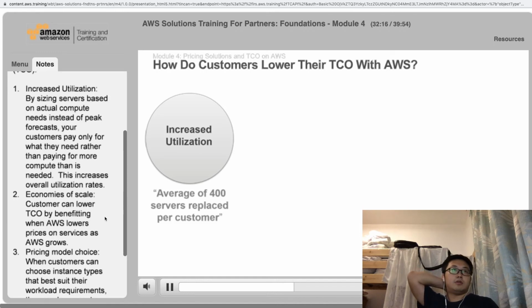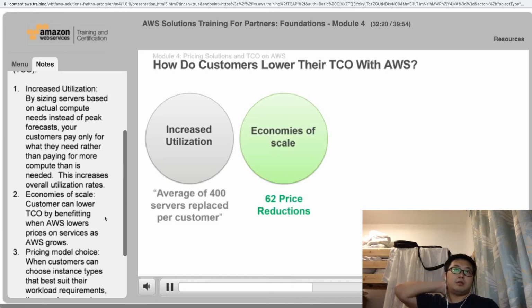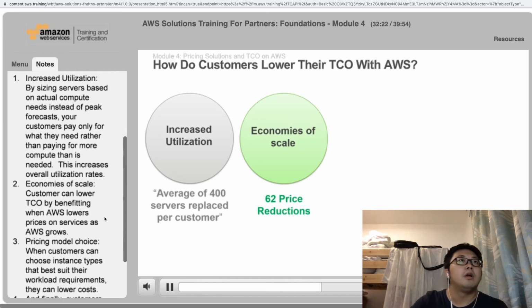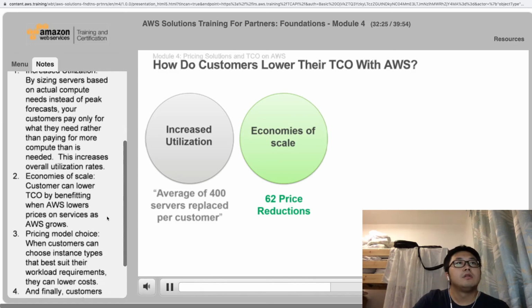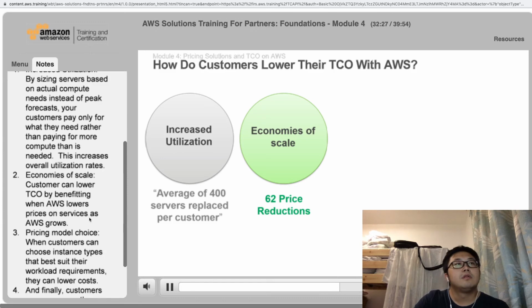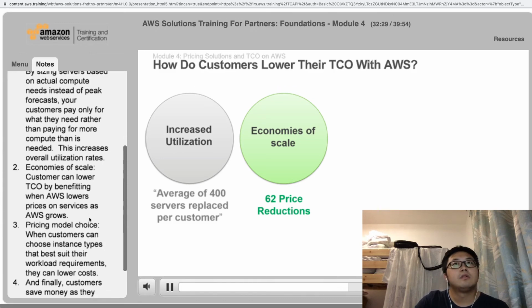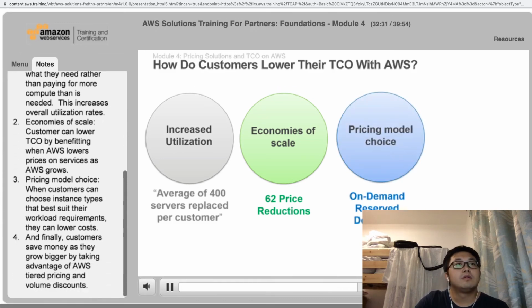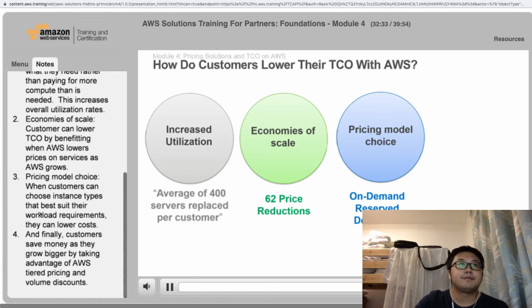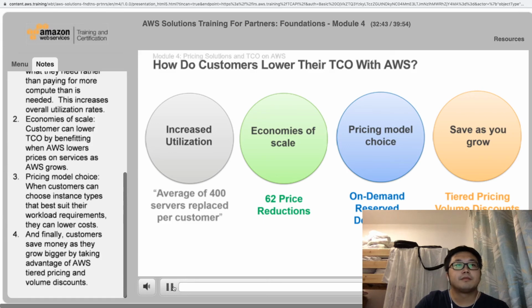This increases overall utilization rates. Economies of scale. Customers can lower TCO by benefiting when AWS lowers prices on services as AWS grows. Pricing model choice. When customers can choose instance types that best suit their workload requirements, they can lower costs. And finally, customers save money as they grow bigger by taking advantage of AWS tiered pricing and volume discounts.